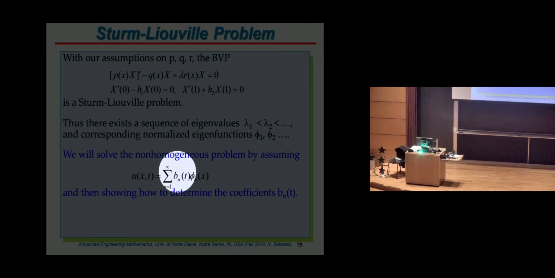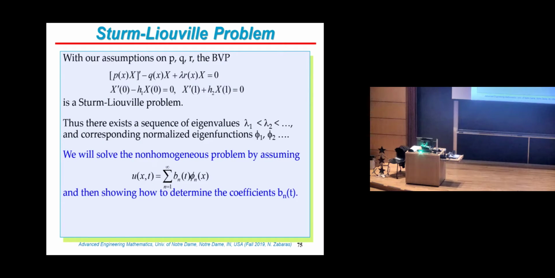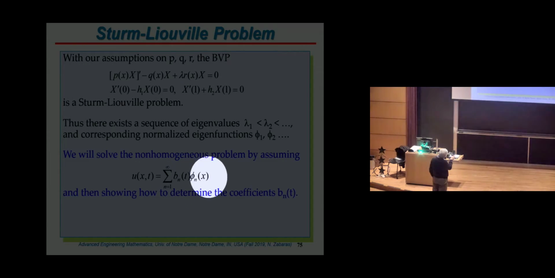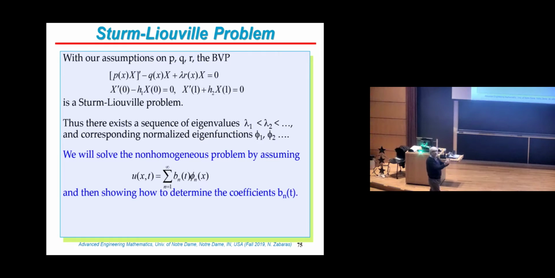Now, because this is a time-dependent problem, I'm going to make the coefficients functions of time. You can see separation of variables at work here. We have separated little x and time. But it's not one function times another function. We have products of functions and then an infinite summation.